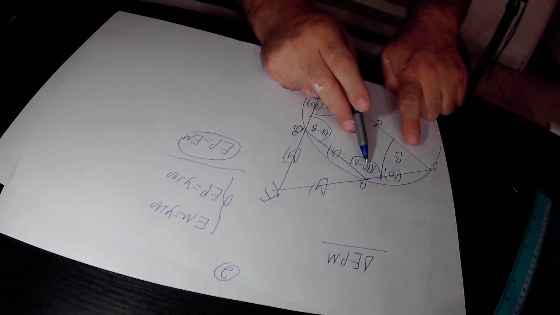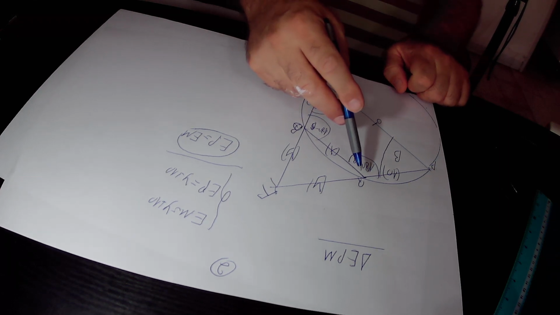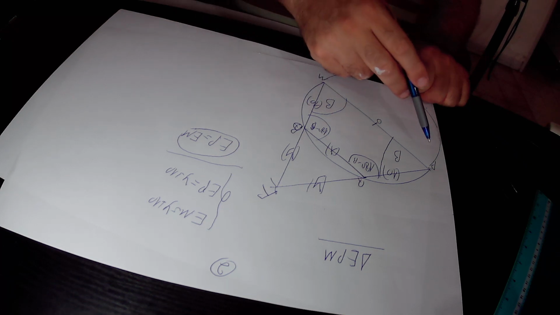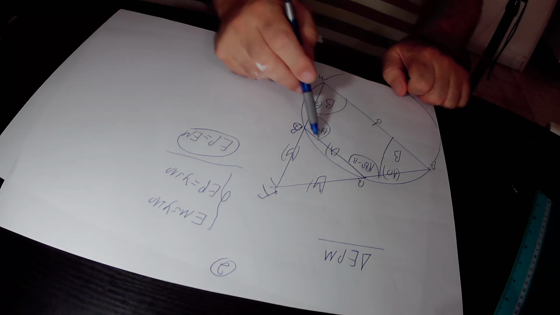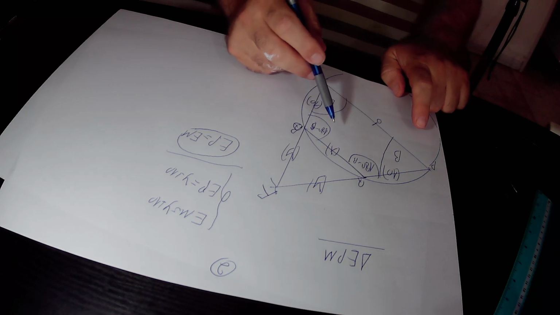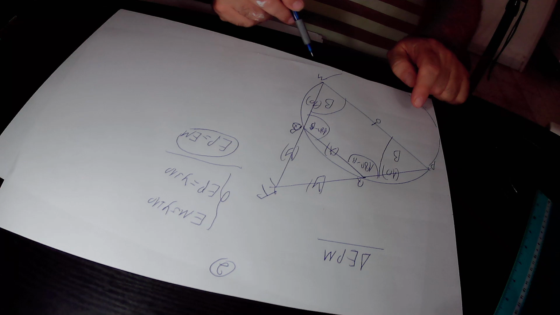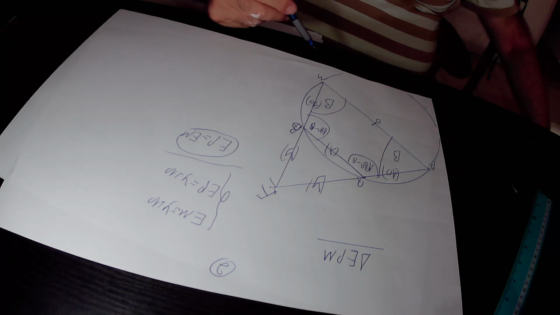Those two angles are located between line QB and line PM, and therefore according to rule 18, line QB must be parallel to line PM. So let me quickly click on rule 18.